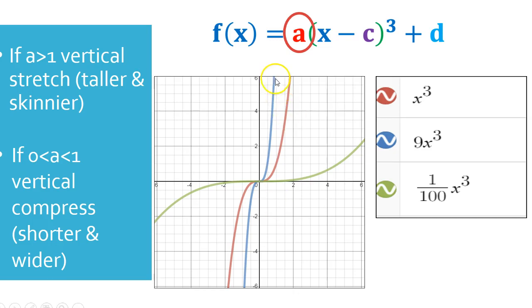So this blue graph made it more narrow, or did a vertical stretch by a factor of 9. And then you can see if we make our A value a fraction between the values of 0 and 1, that it compresses the graph, almost like you sat on the graph and made it flatter, by a factor of 1/100. These are great examples to write down and make a sketch of.